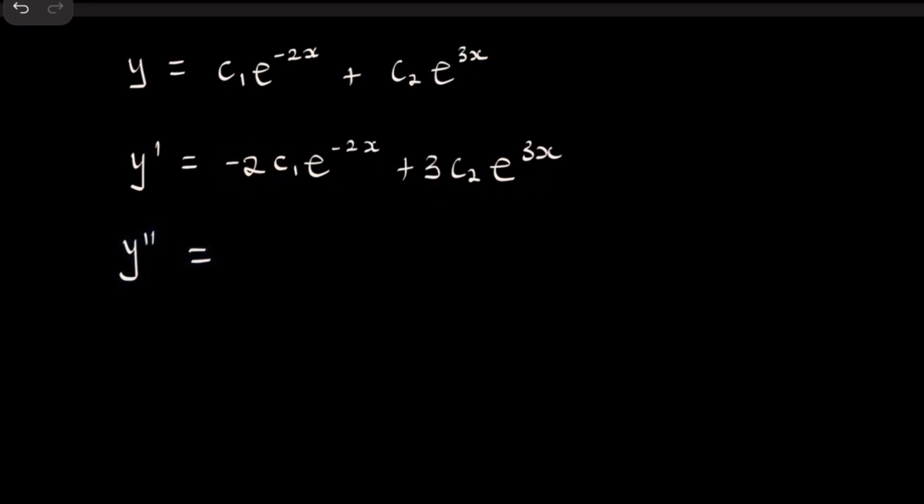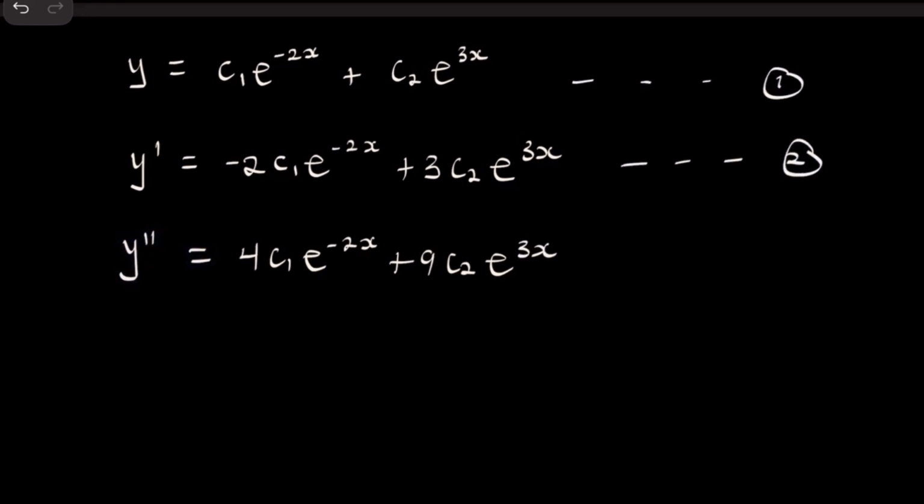We do the same for the last term: we differentiate 3x, that's 3, so 3 times 3 is 9. And so our result is 4 c1 e^(-2x) plus 9 c2 e^(3x). Let's call these equation 1, equation 2, and equation 3.